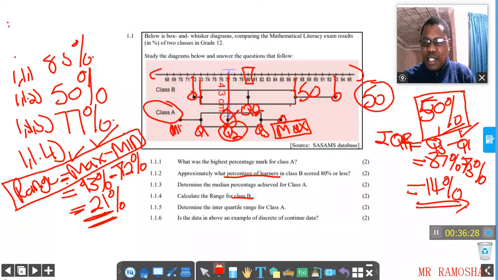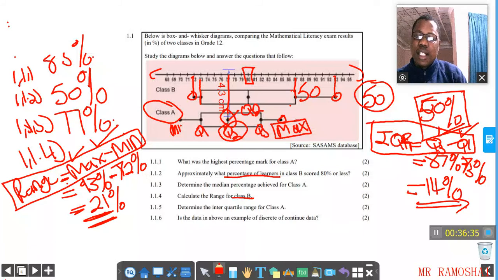So you see what helped me? It is the formula. If I can get the formula, substituting is not a problem, and now I just go to my diagrams and select those numbers. Now I don't have to think, is quartile 3 75, is quartile 3 80?